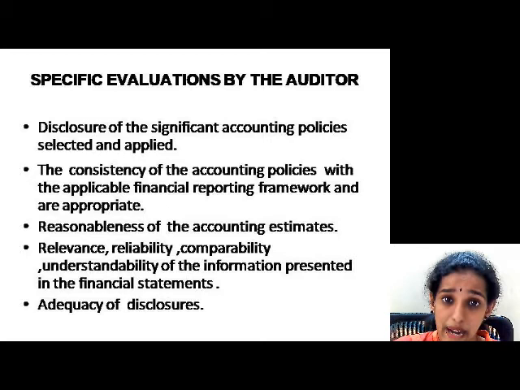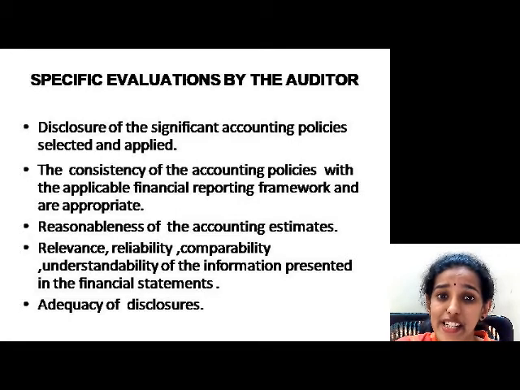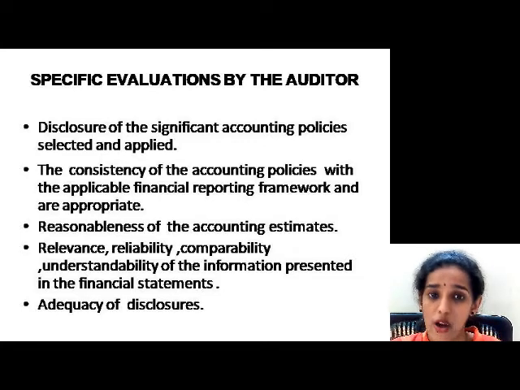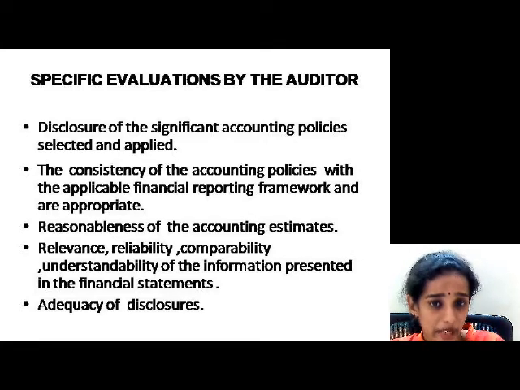Say, for example, provision for bad debts. These kinds of provisions require a significant amount of estimation. At one go, the management may not be able to arrive at the correct estimate. With verification of the previous financial statements, the auditor might feel that the estimate management has agreed to might not be correct.